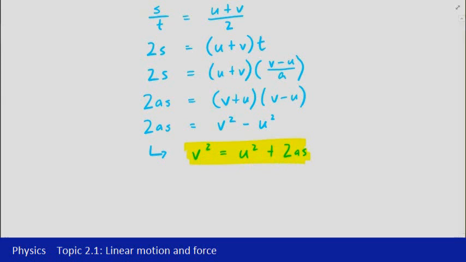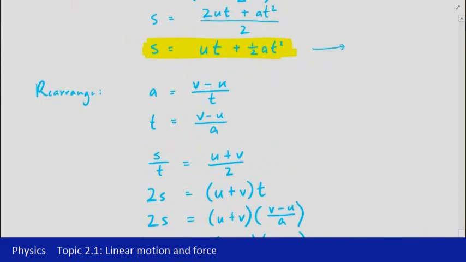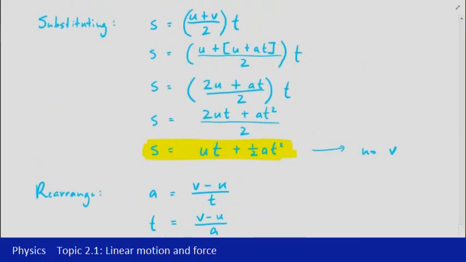Now you might look at those and think, well, why do we need so many equations of motion? If you look at them, you'll notice in this equation there's no t, so we can use u, a, s and v to figure out some of the other quantities without having to worry about time. If we go up to this equation, there's no v, so we don't have to worry about final velocity there. We can use our initial velocity, time, acceleration and distance.